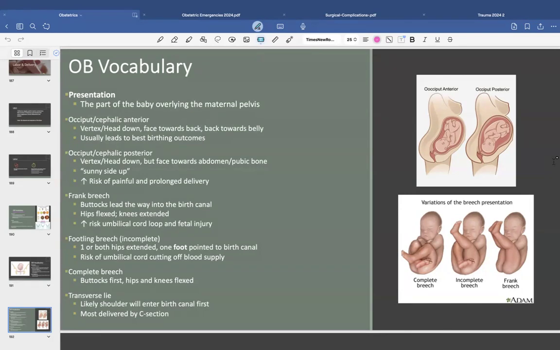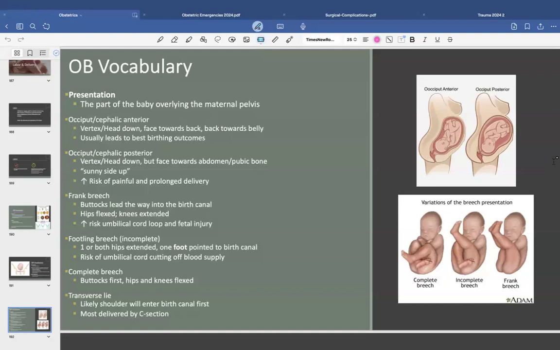The position next to that is where the baby is opposite. I'm sorry, the face is towards the abdomen, and the back is towards mom's back.